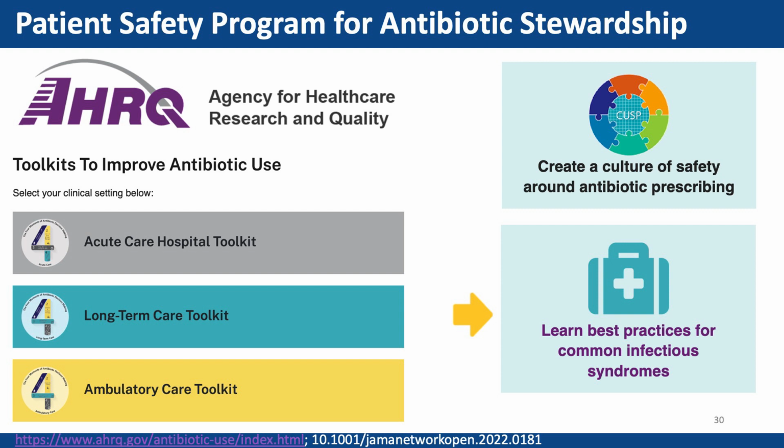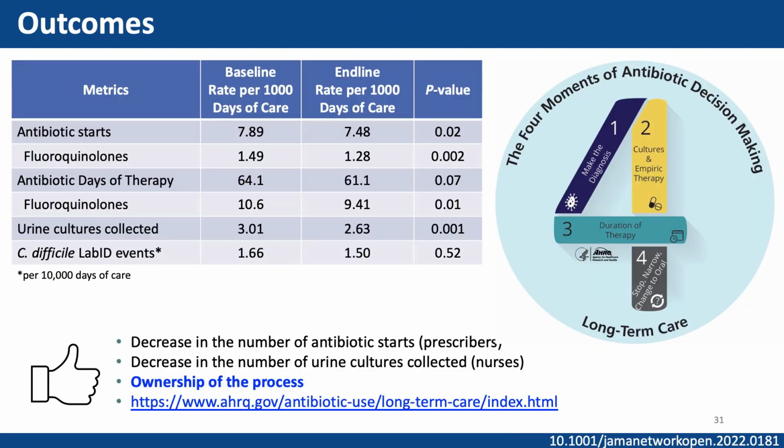This intervention worked. This was a quality improvement intervention. We were remarkably successful in enrolling 250 plus nursing homes and keeping most of them. The CMS regulations that were coming out that were imposing stewardship in long-term care may have had a little bit to do with that, but it was really amazing.